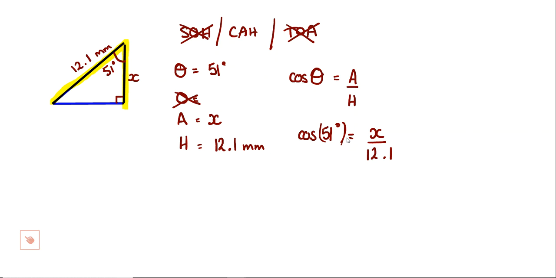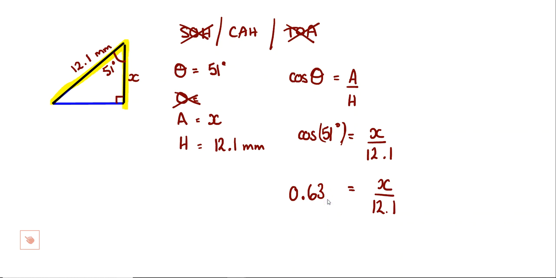All right? And cosine of 51, well, can I just get you to tell me what that is as a number? So I've got x divided by 12.1 is equal to the cosine of 51, which is 0.63. We've rounded it, okay?